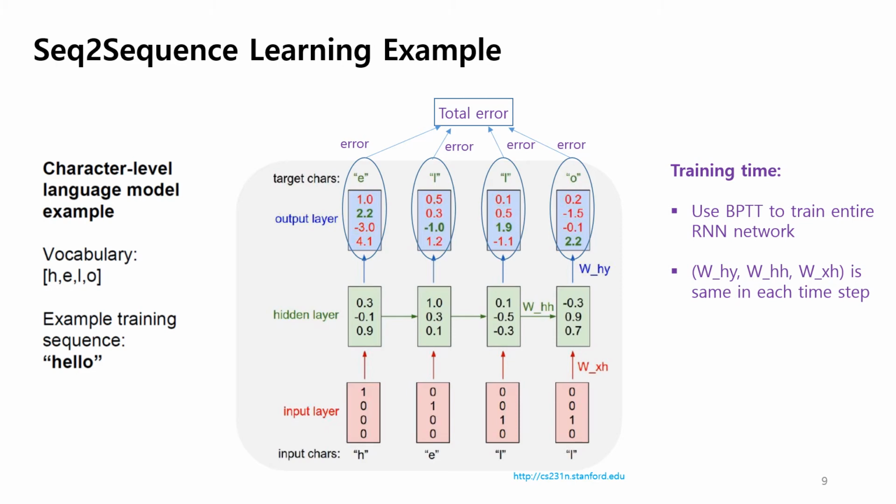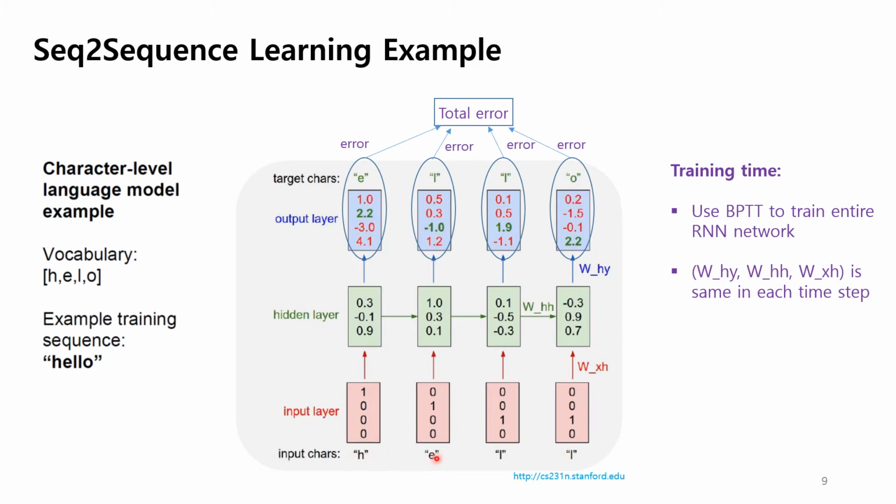This slide is very similar to the previous slide with a little more explanation. Again, the goal of learning is to make this RNN generate HELLO, H-E-L-L-O. When we give H, it should generate E-L-L-O. But we have to train it first. To train it, we provide training examples like this: H-E-L-L.